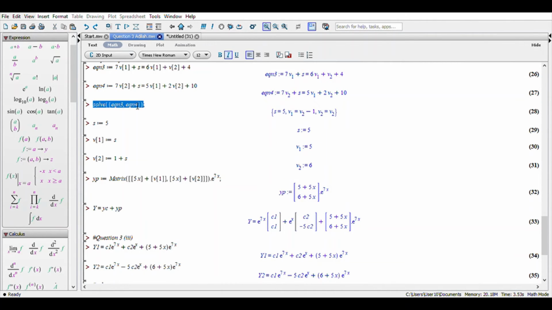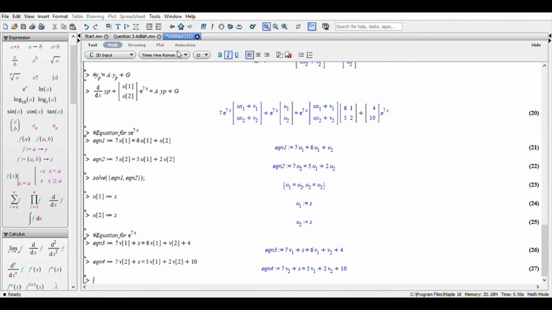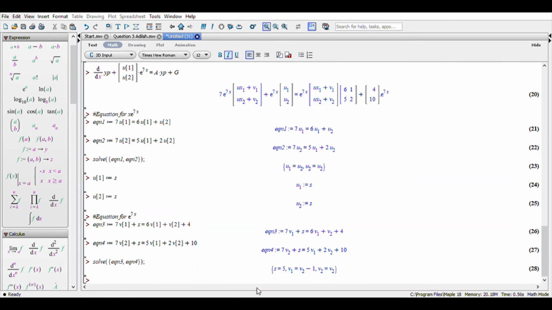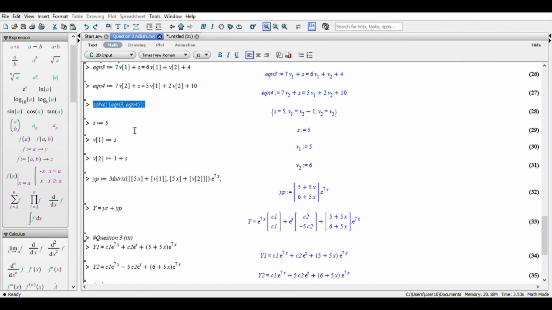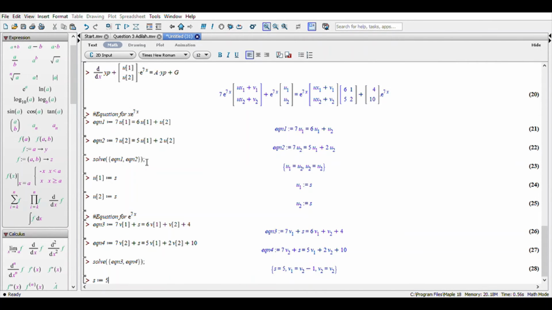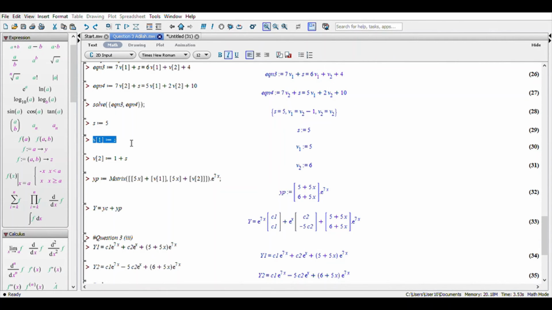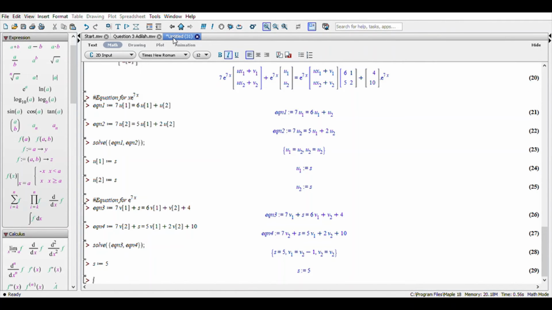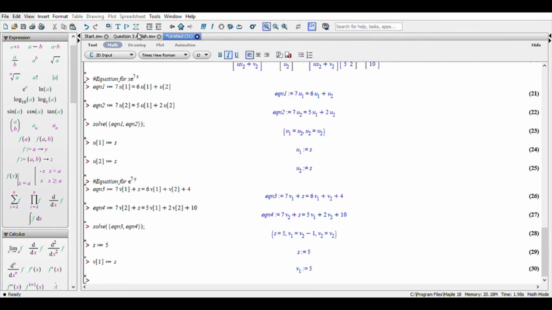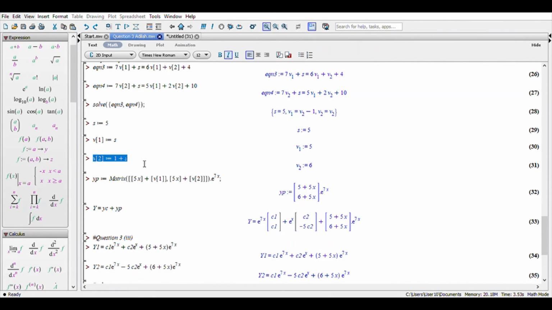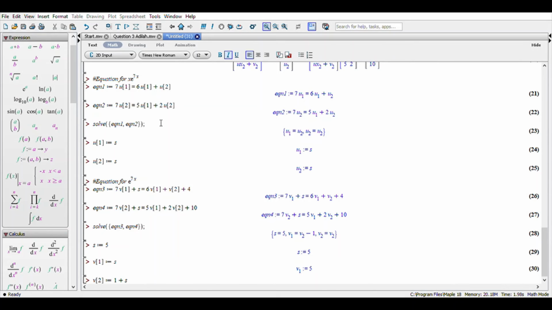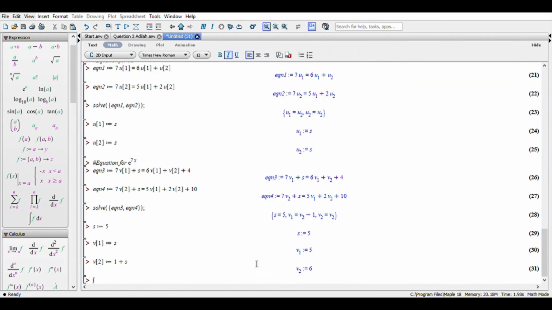And then we will solve it. Sorry, I'm not that fast. Okay. s equal to 5, v1 equal to v2 minus 1, v2 equal to v2. And then we state the values: s equal to 5, v1 equal to 5, v2 equal to 1 plus s equal to 6.